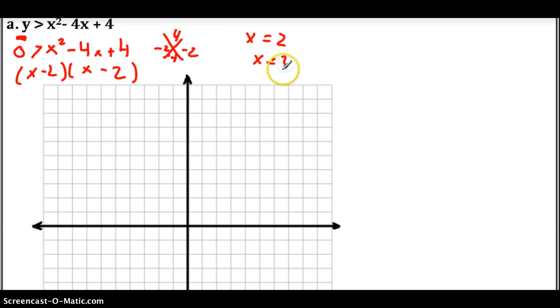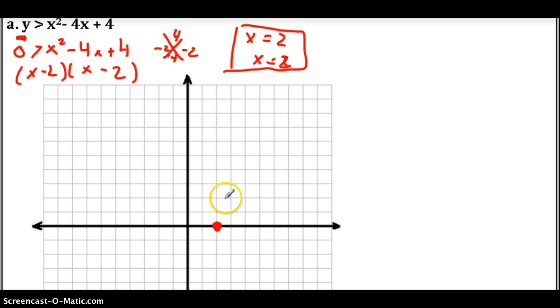I set them both equal to 0 and solve for them. Well, since they're the same, that means we only really have one root, and that's at x equals 2. And by definition, a root is where the parabola hits the x-axis. So we know we're going to have a root there. Now the next thing to do is just graph a general sketch of this.